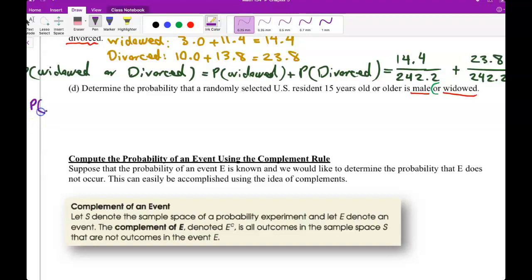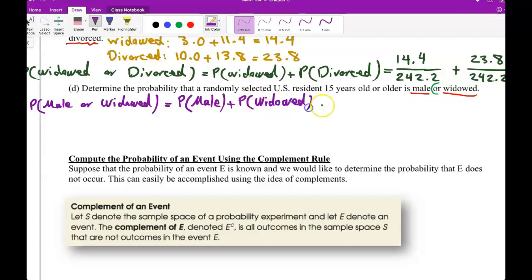And so the answer for probability of male or female is equal to, add each one. So probability of each one first. Then if there was an intersection, we should subtract.